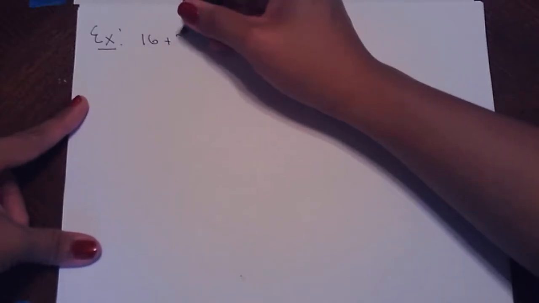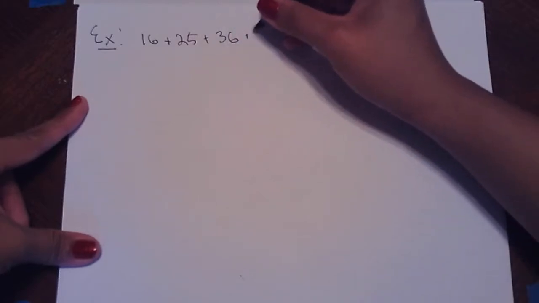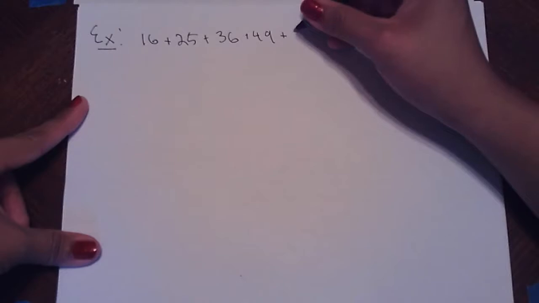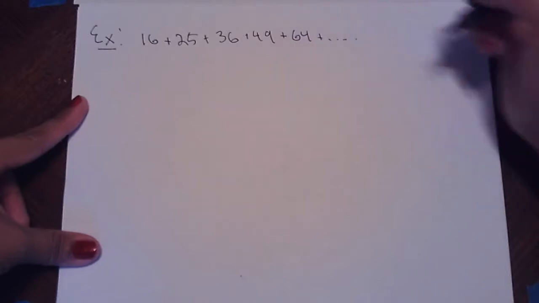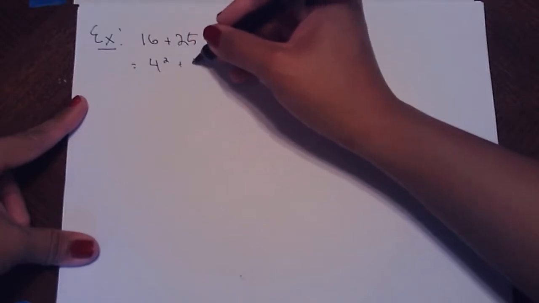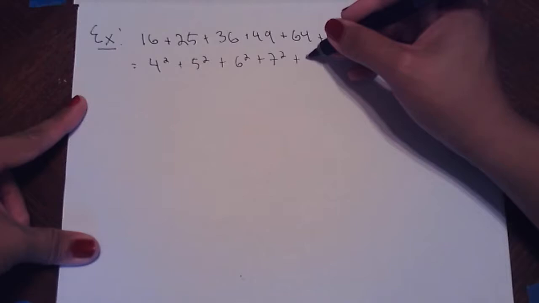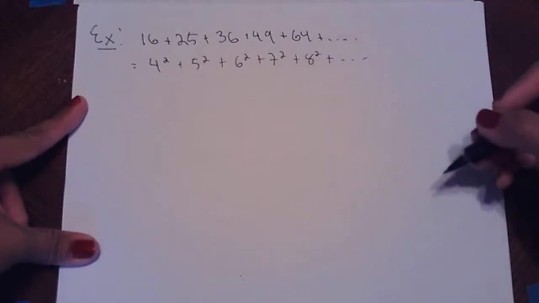So if I want 16 plus 25 plus 36 plus 49 plus 64 plus so on and so forth, you hopefully see the pattern. This is 4 squared plus 5 squared plus 6 squared plus, we're going to keep going. We're adding up squares of integers.